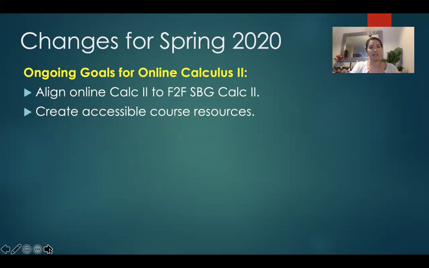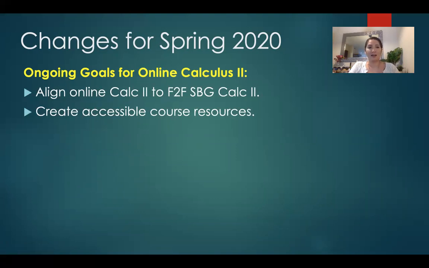While they weren't able to take those piecemeal quizzes the way that my face-to-face standards-based grading students were, I could still teach them the same content and provide them with the same resources for practice as my face-to-face students received. So I wanted to make online Calc 2 comparable to face-to-face Calc 2.